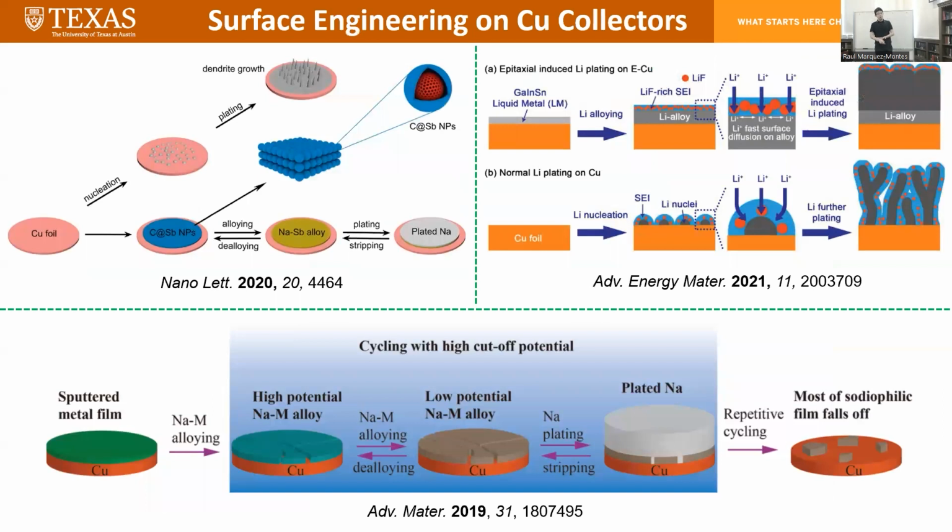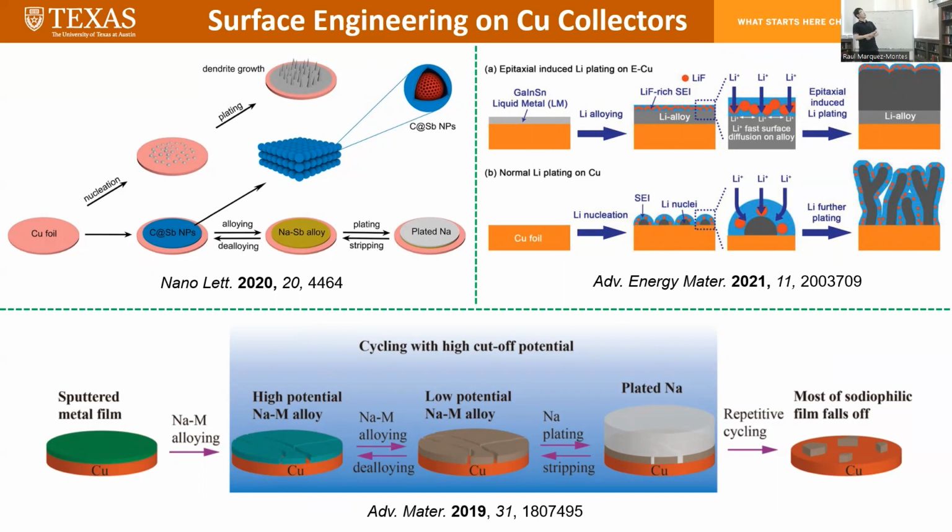All right, so what are the possible strategies to solve these issues? Here I summarize some previous or pioneering work on the surface engineering of the current collector. For example, people have applied carbon and antimony coatings to promote sodium wetting.